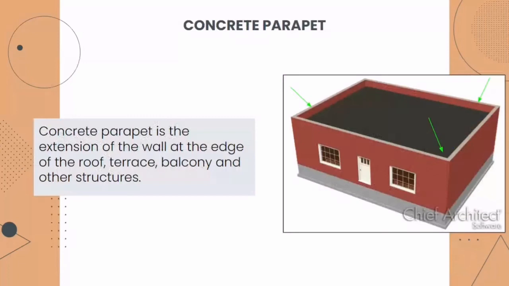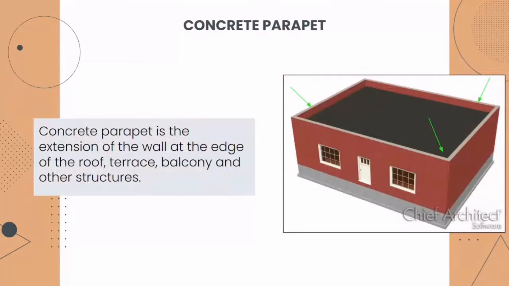So the function of this construction method is actually to prevent fire spreading, and also for safety measures because it can prevent people from doing things like jumping off the roof and to prevent any other things happening such as falling down.